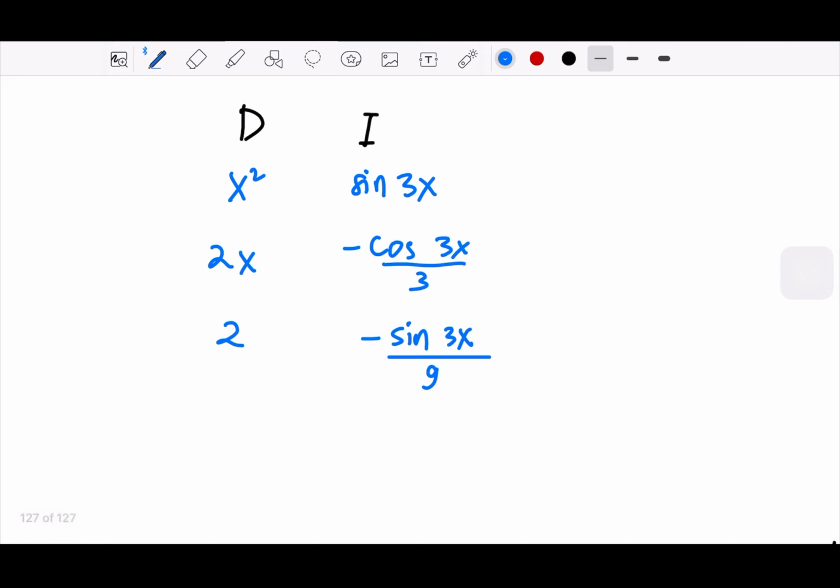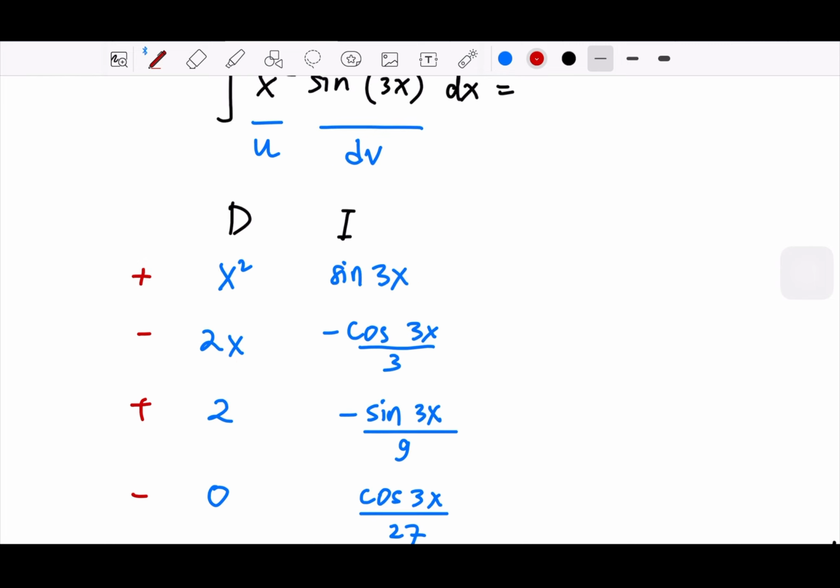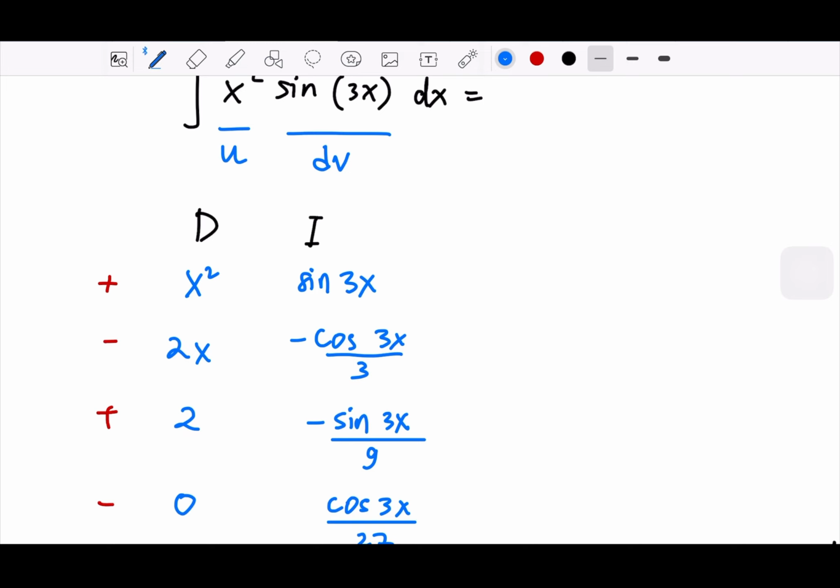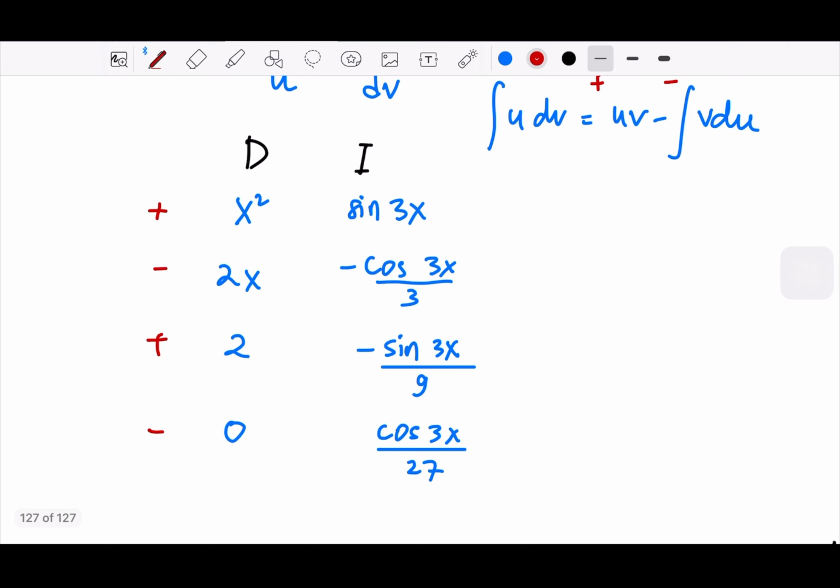And then derive again, this 2 becomes 0, and this part becomes negative, so it's positive cosine 3x over 9 multiplied with 3, 27. And we need to alternate the signs, because the principle is that we have positive and negative, right? So we have positive, negative, positive, negative.